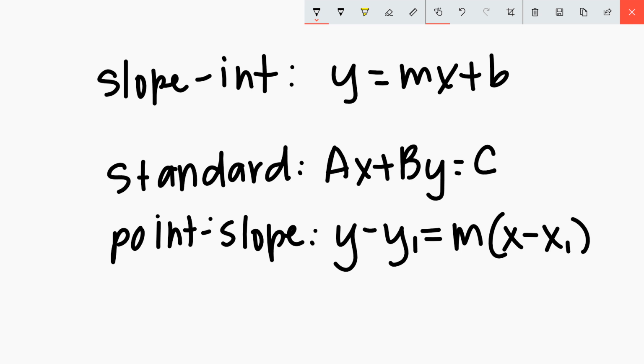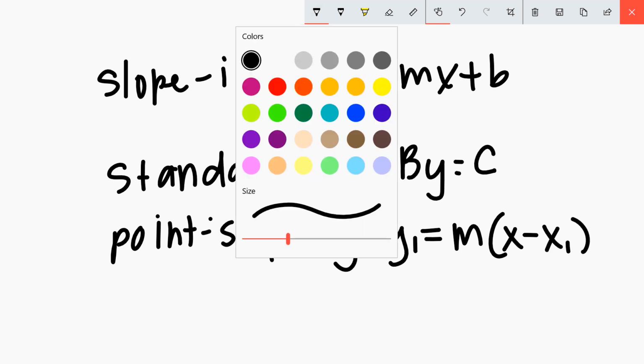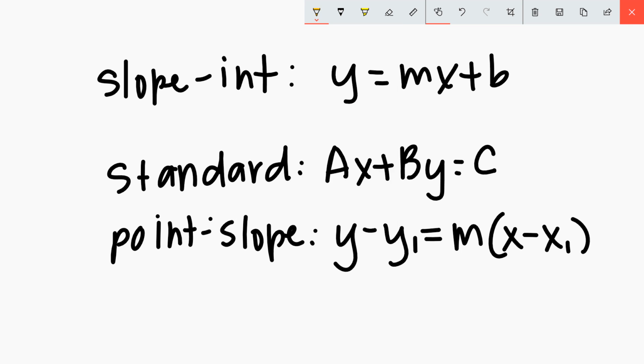Okay. Key features to remember here. Let's write in orange. Okay. M is your slope. B is your y-intercept. And y-intercept meaning where it's going to cross your y-axis at that number b.